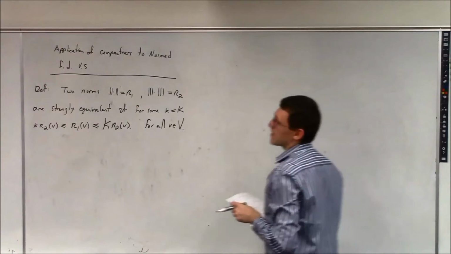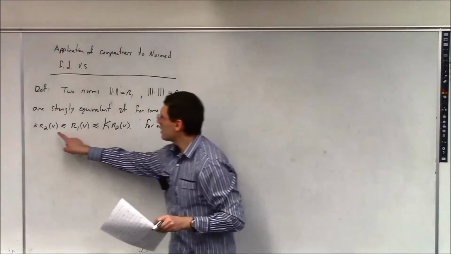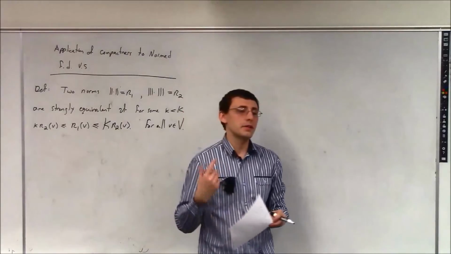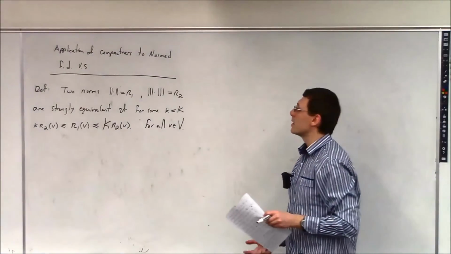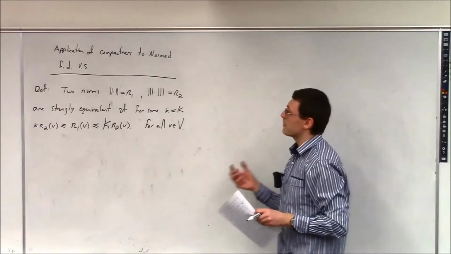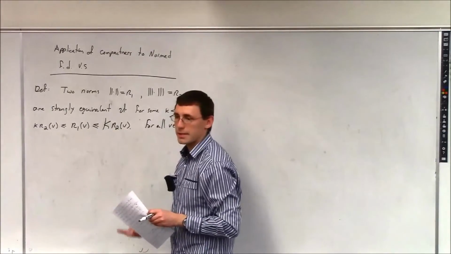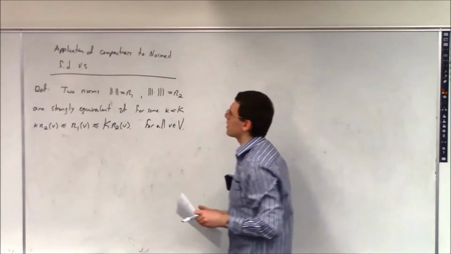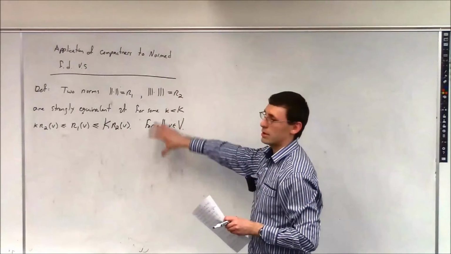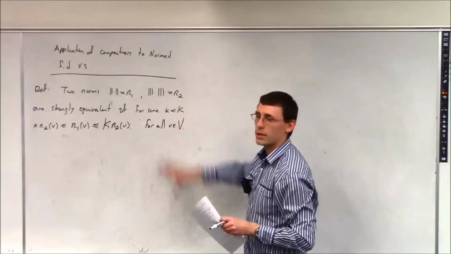So strong equivalence actually will imply that under norm n1 and under norm n2 we have the same Cauchy sequences. We have the same convergent sequences, obviously. We basically have the same sets that are bounded, the same sets that are totally bounded. Pretty much, strong equivalence is a very, very strong condition. It tells you that you have exactly the same open and closed sets.